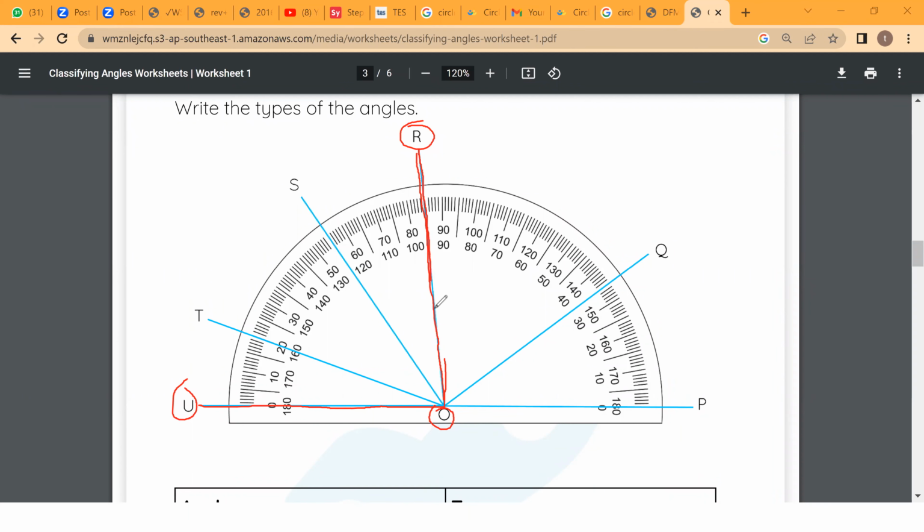That's an acute angle. What's the size of it? 85 degrees. Yes, it's 85, so it's an acute angle.